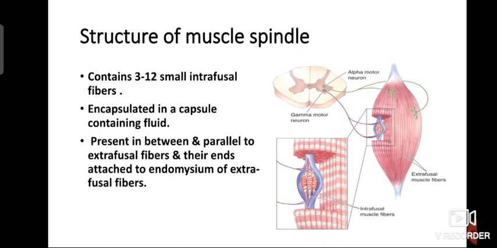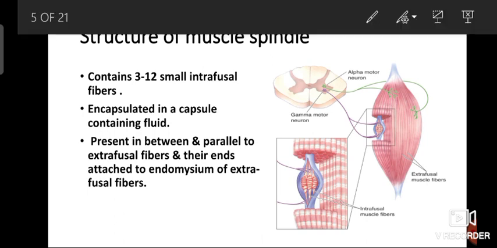Second is the structure of the muscle spindle. Muscle spindle contains 3 to 12 small intrafusal fibers encapsulated in a capsule containing fluid, present in between and parallel to the extrafusal fibers, and their ends are attached to the endomysium of the extrafusal fibers, as we see in this diagram.